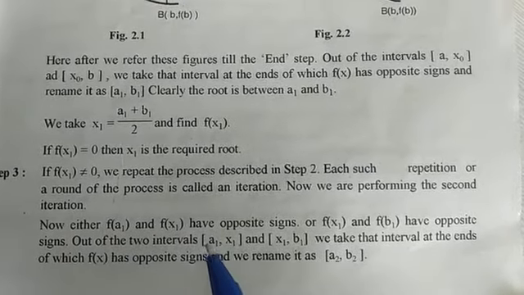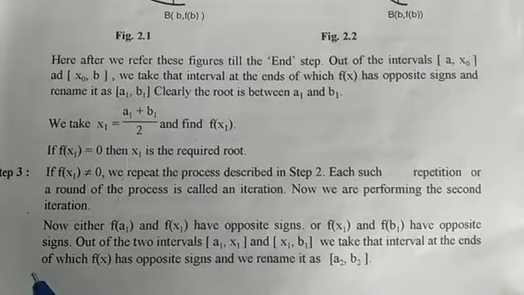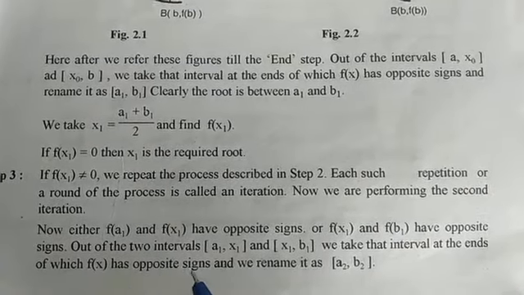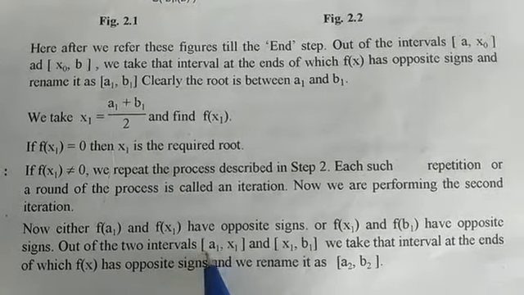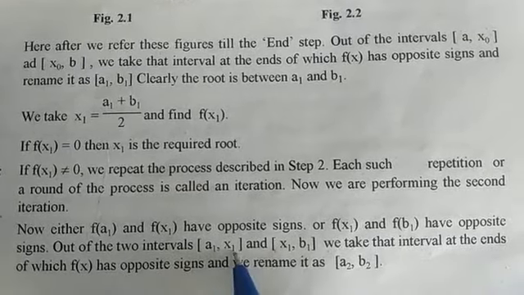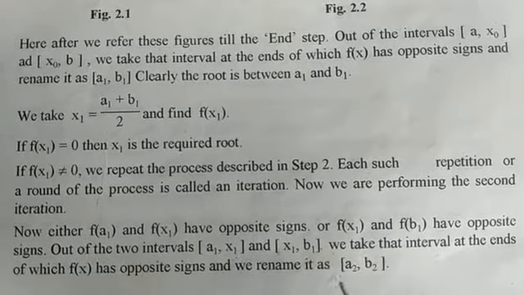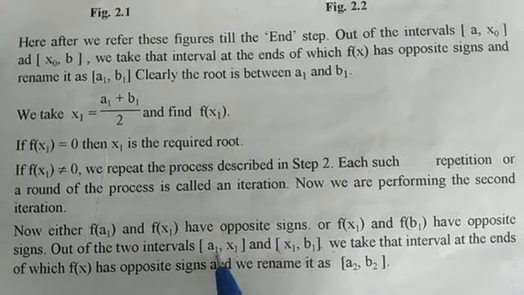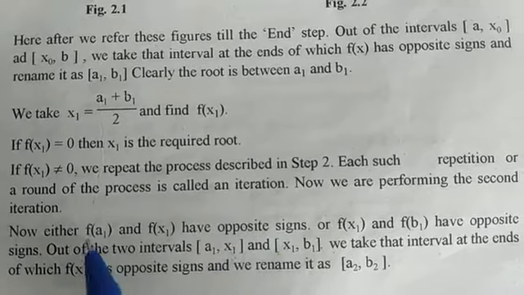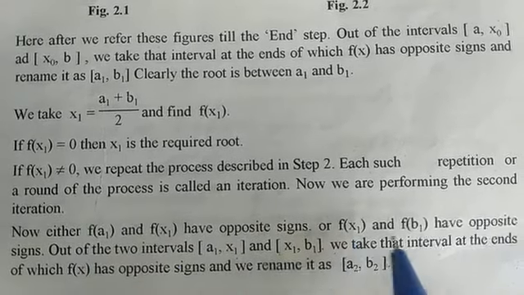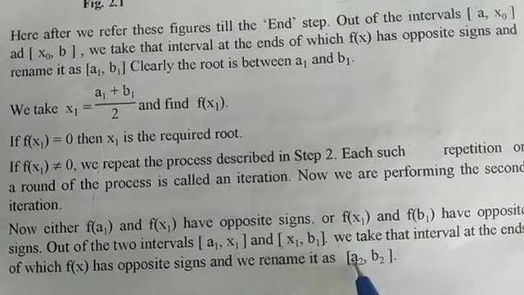Out of the intervals a1 x1 and x1 b1, we take that interval at the end of which f of x has opposite sign and rename it as a2 b2. So from these two intervals we have to select the one that has opposite signs, and rename it as a2 b2.